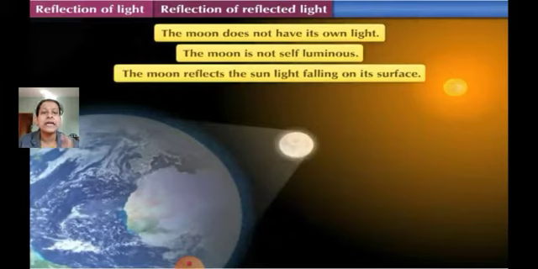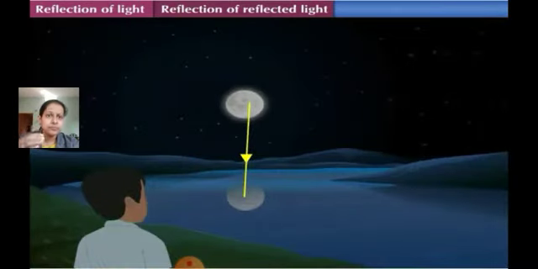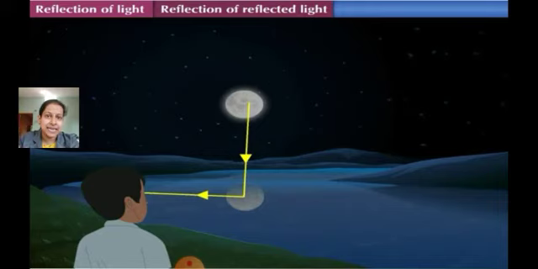So the moon reflects the light of the sun, and therefore we can see the moon in the night. When this reflected light of the moon falls on the surface of the water, it again gets reflected, and therefore the image of this reflection of the reflected light is formed in the eye.